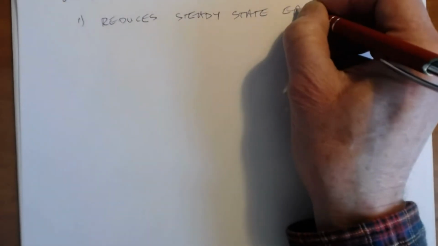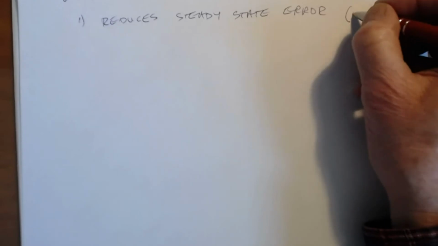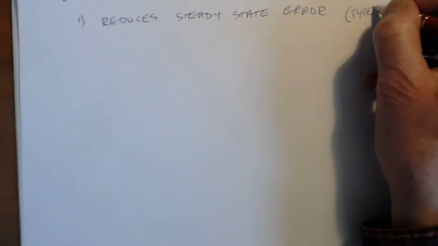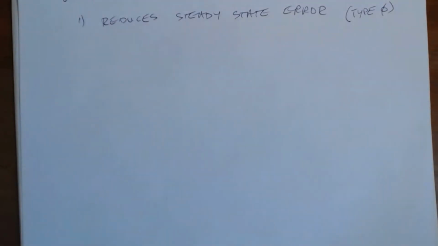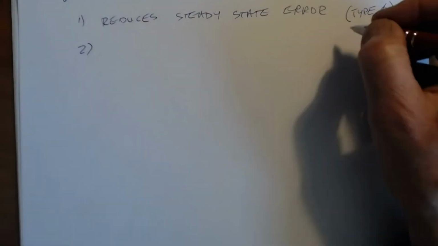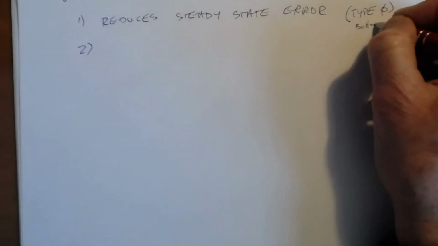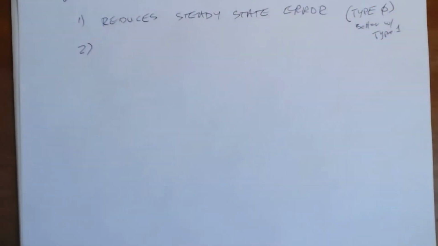Now, in this one, because it was a type 0 system, it was a little weird, right? Because for type 0, the open loop gave us a perfect one. And when we put the feedback gain on there, we had to make the gain pretty big. So it does reduce steady state error. We'll see that that's more true, better with type 1.